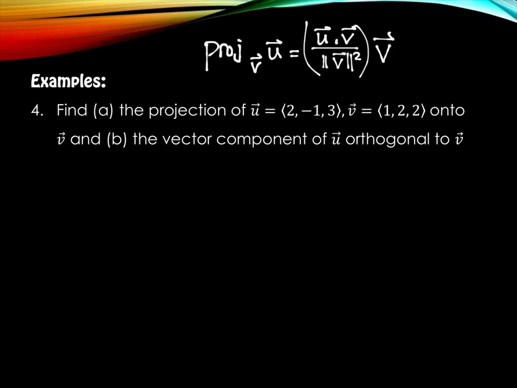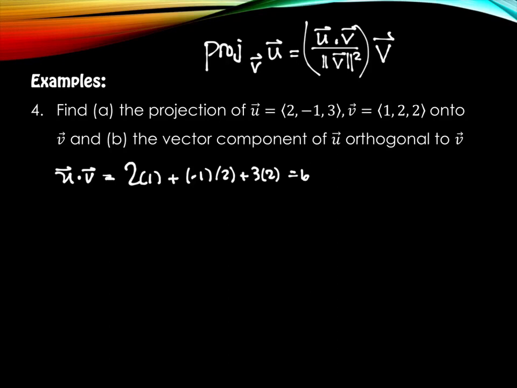So we need u dot v. So let's do that first. So we have 2 times 1 plus negative 1 times 2 plus 3 times 2 for a grand total of 6 is right.